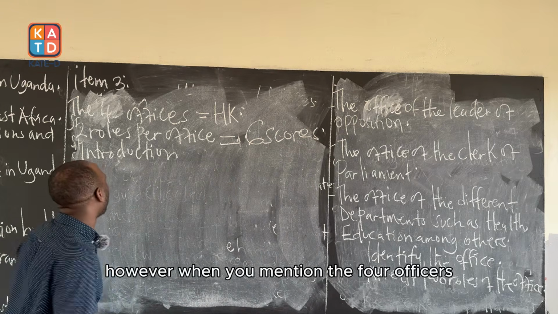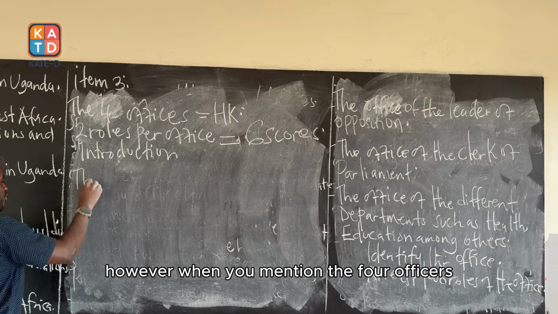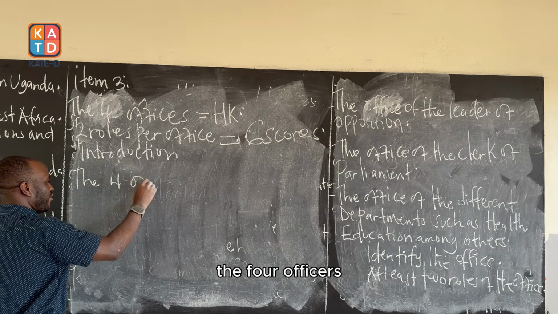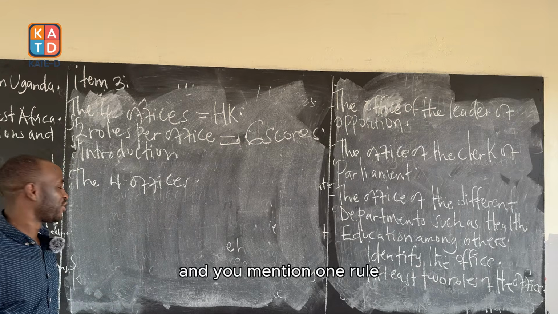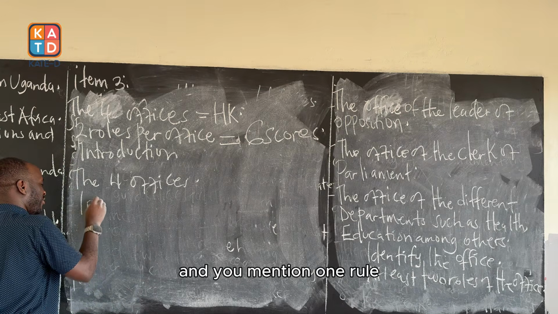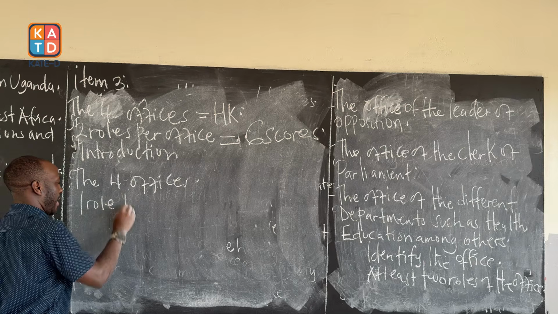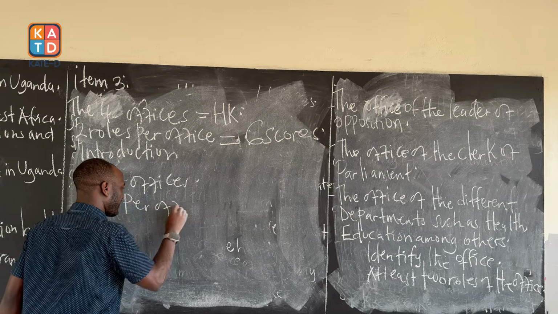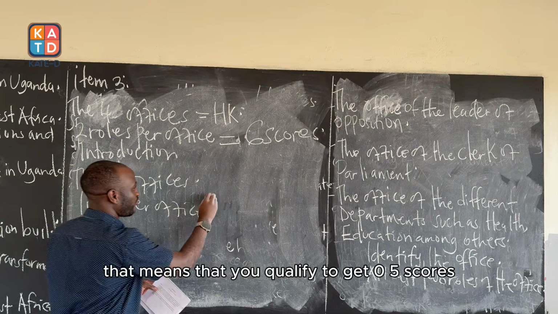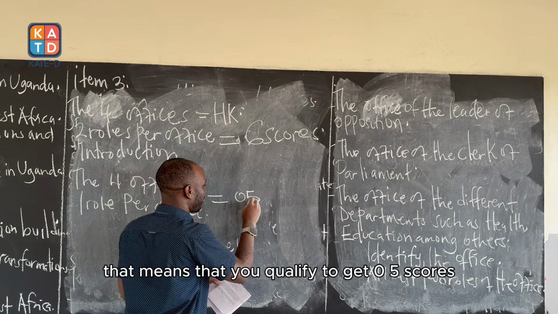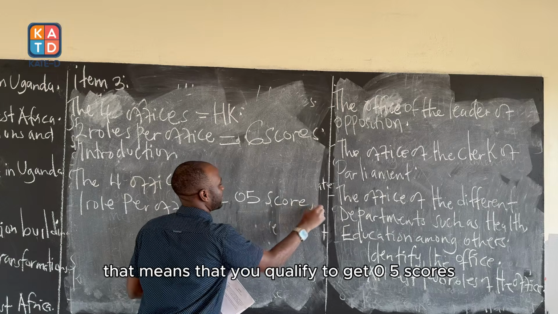However, when you mention the 4 offices, and you mention 1 role per office, that means that you qualify to get 05 scores.